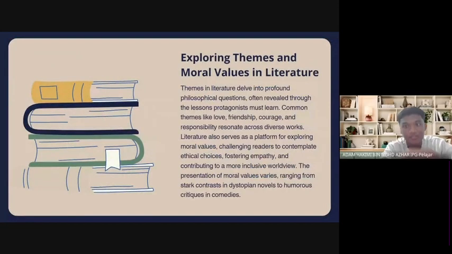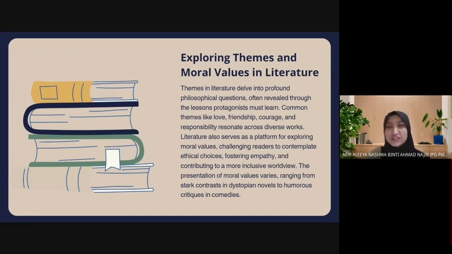All right. Moral values. The last one, I think, is exploring themes and moral values in literature. Themes in literature delve into profound philosophical questions, often revealed through the lessons protagonists must learn. Common themes like love, friendship, courage, and responsibility resonate across diverse works.